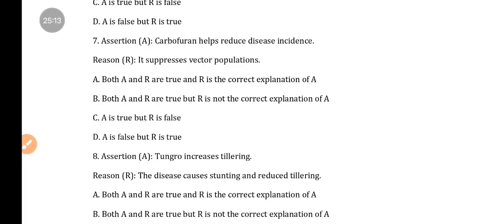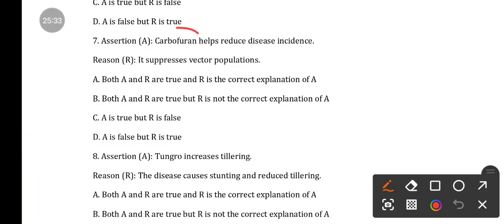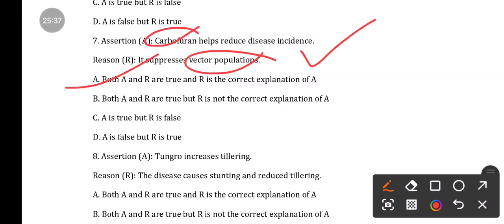Yeah, this is true. Generally it is used in nursery treatment, and for field foliar spray you can use imidacloprid, phosphamidon, ethofenprox and other insecticides. Reason: it suppresses vector population. Yeah, carbofuran is mostly used for suppression of vector population. So option A is correct.